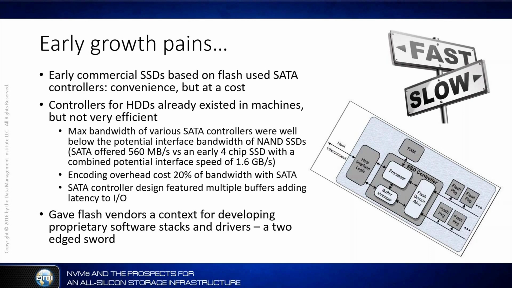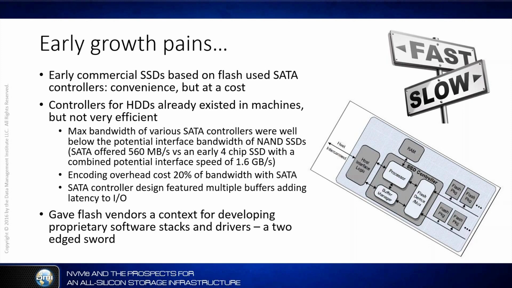SATA controllers were very convenient because they existed in just about every machine when Flash hit the market in earnest a little less than a decade ago. But the problem is that they're controllers for hard disks, and they aren't terribly efficient at exploiting the capabilities that are in flash devices.